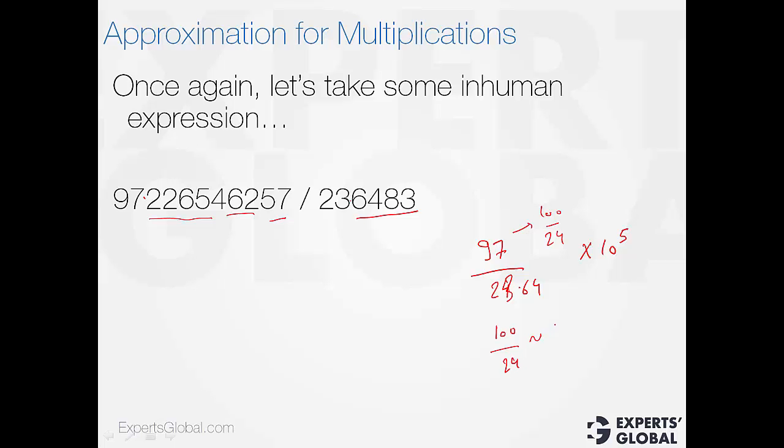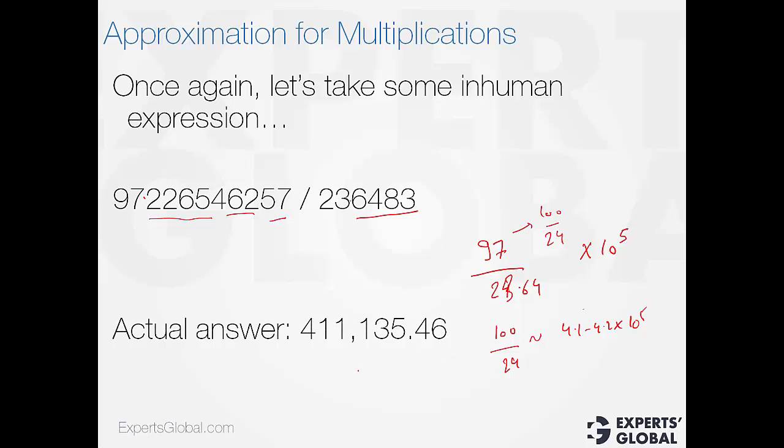So something like 4.1 or 4.2 into 10 raised to power 5. The real answer is 4.1 something into 10 raised to power 5. Works very fast, very quickly. So even if you don't apply the percentage concept that I'm suggesting, if you just keep rounding it off and find out approximate answers, you won't be too far off ever.